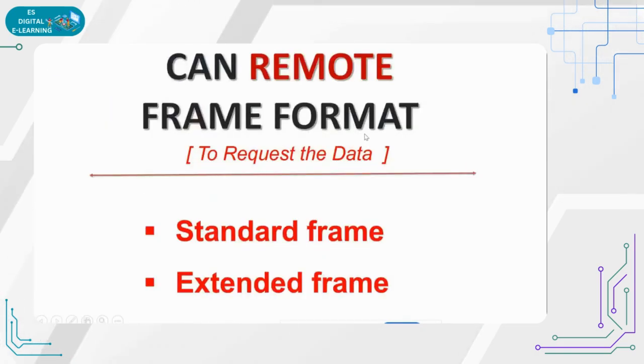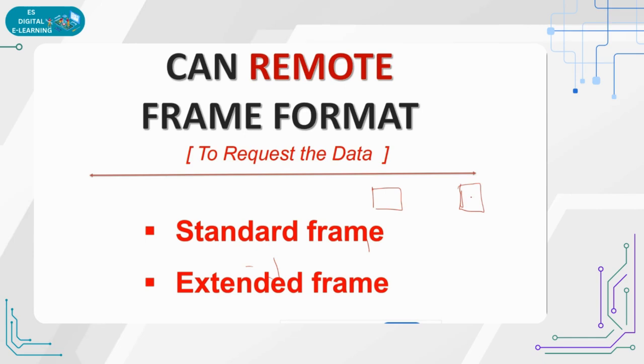Next, coming to the remote frame format, we start discussing it from now. The remote frame format is where we are requesting the data. Who will request the data? We have a master. The master will send the data. Who is requesting the data? The slave always requests the data to send some messages.